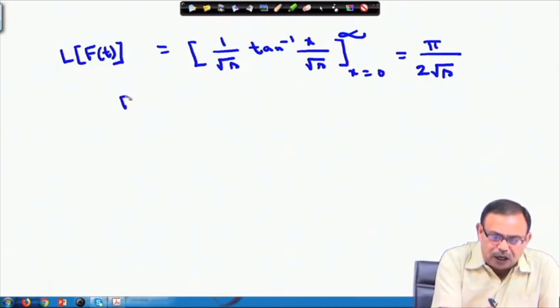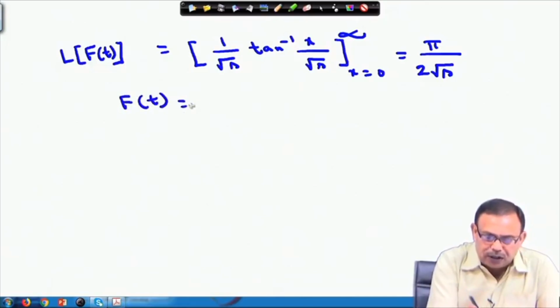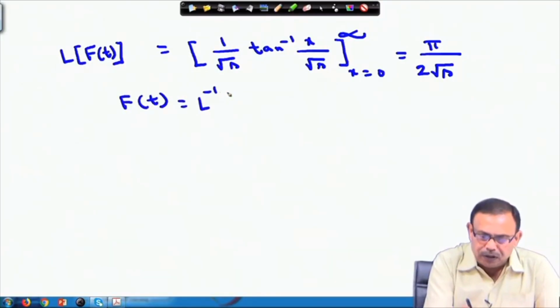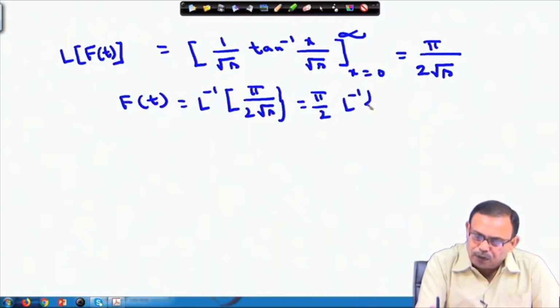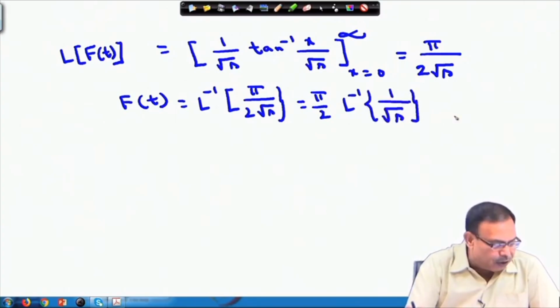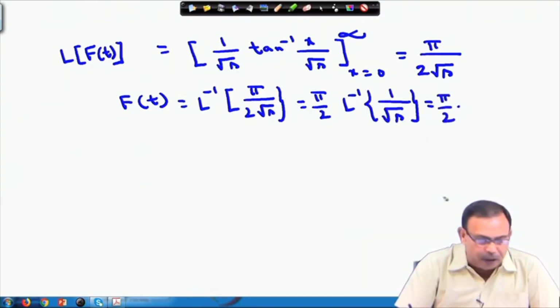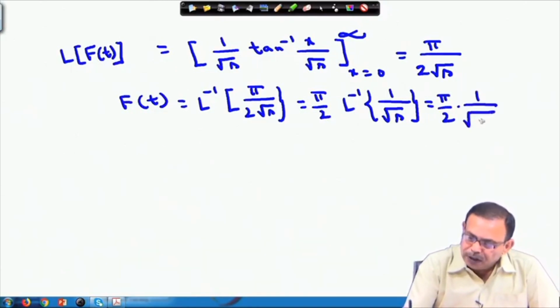Once I got it, f(t) will be nothing but the Laplace inverse of pi by 2 root s. So it is pi by 2 into the inverse Laplace transform of 1 by root s, which is 1 by root pi t.